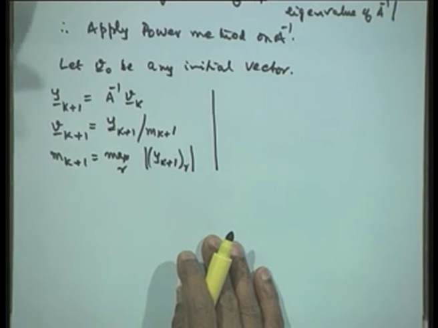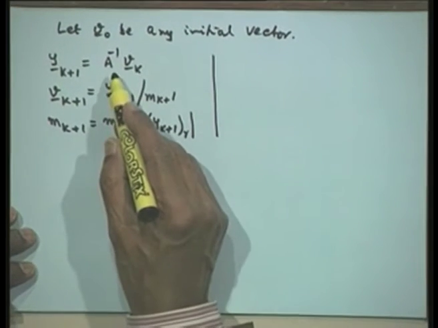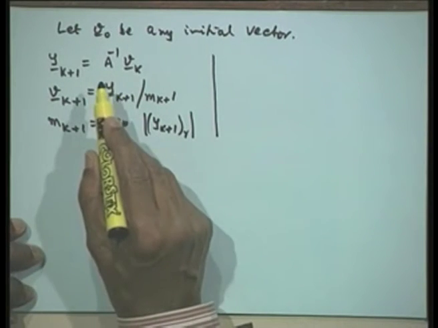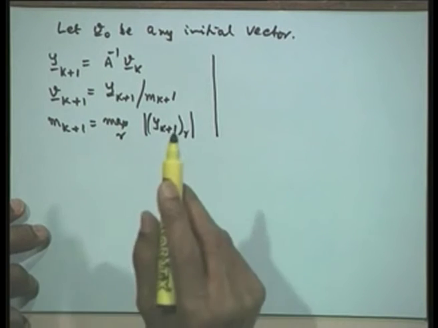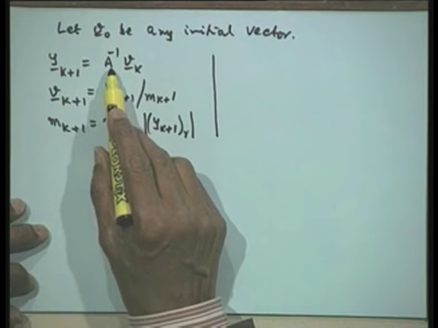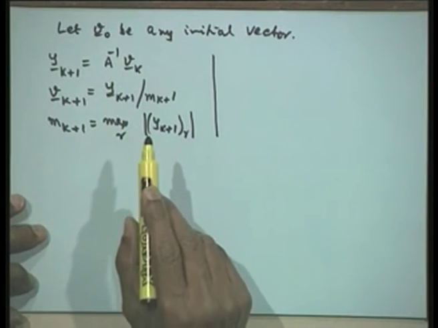Now, for large matrices we may have problems of round off error in finding A inverse, because we need A inverse explicitly here. If you are finding the inverse of a matrix with approximate decimal numbers, then the round off error in A inverse is very big, which can disturb the eigenvectors very much.